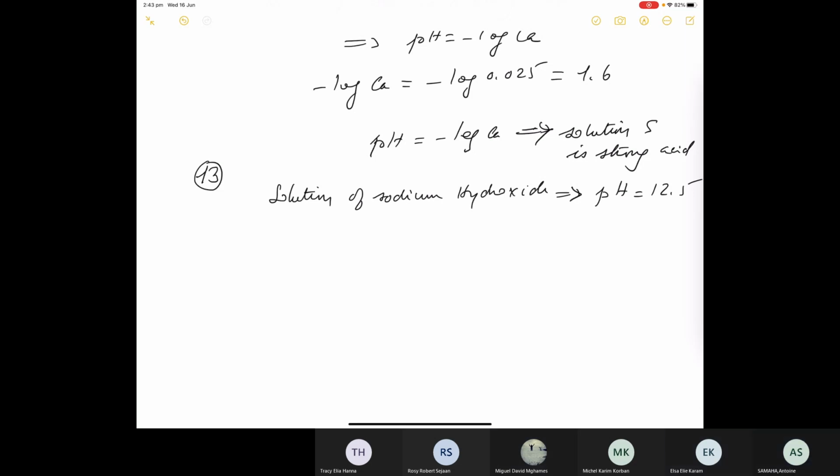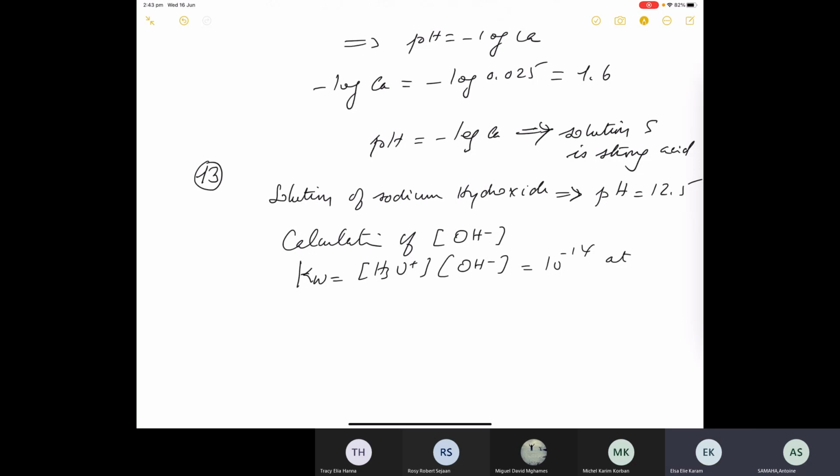So, calculation of the concentration of OH minus. First I find the concentration of H3O plus, and then I find the concentration of OH minus. So Kw is equal to the concentration of H3O plus times the concentration of OH minus, equal to 10 negative 14 at 25 degrees C. OH minus is equal to 10 negative 14 over the concentration of H3O plus.